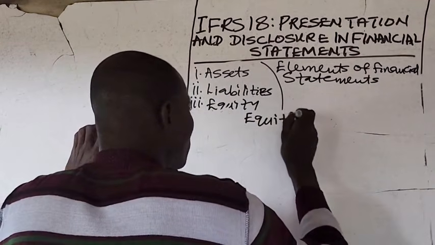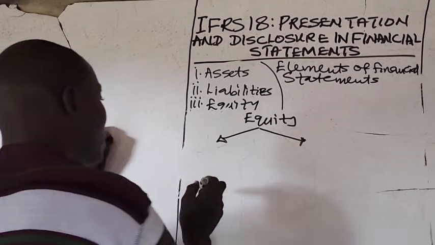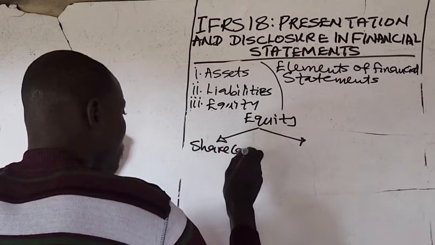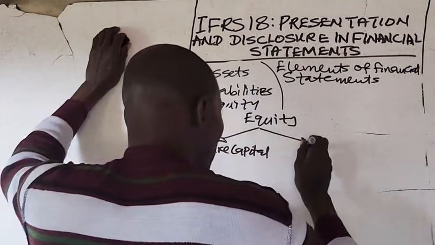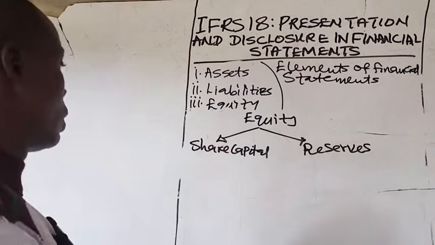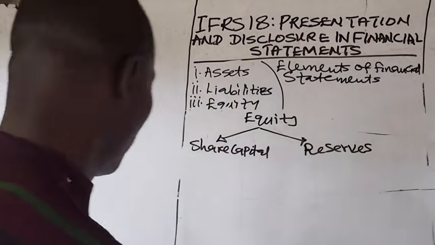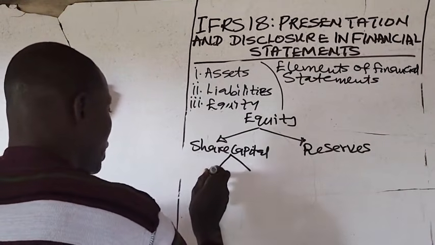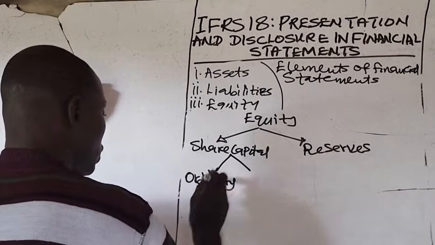Number one component is share capital, and the second component is reserves. Under the share capital, we have the ordinary share capital.